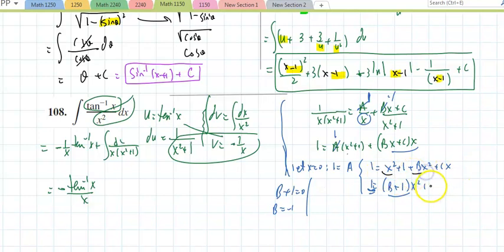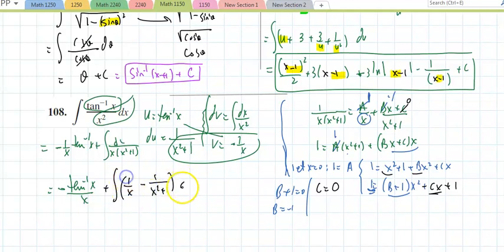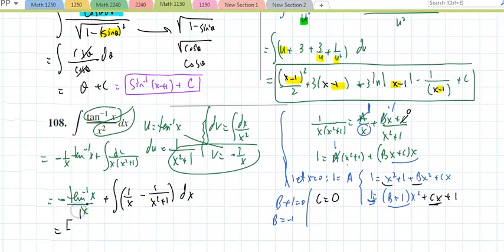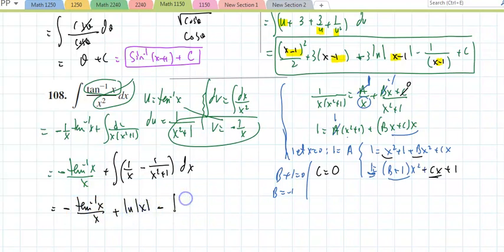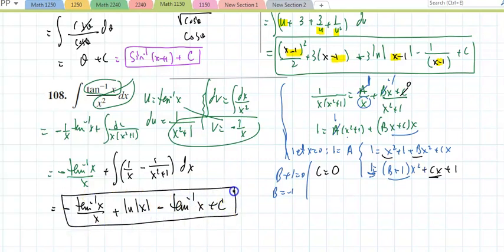So the number in front of x is a 0. And there it is. So this is actually the integral of 1 over x minus x over x squared plus 1 dx. That would be negative inverse tangent of x over x plus natural log of absolute value of x minus the inverse tangent of x plus c.